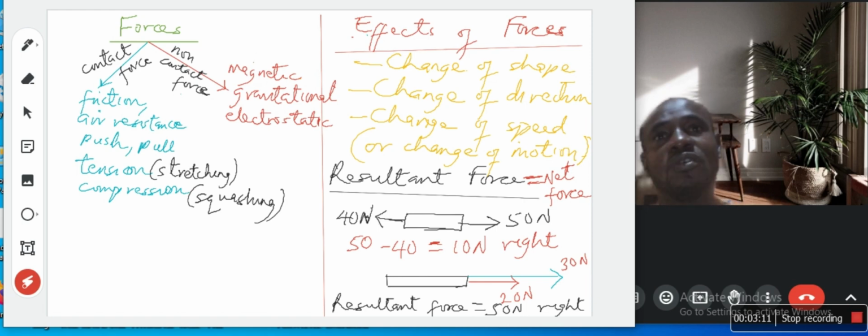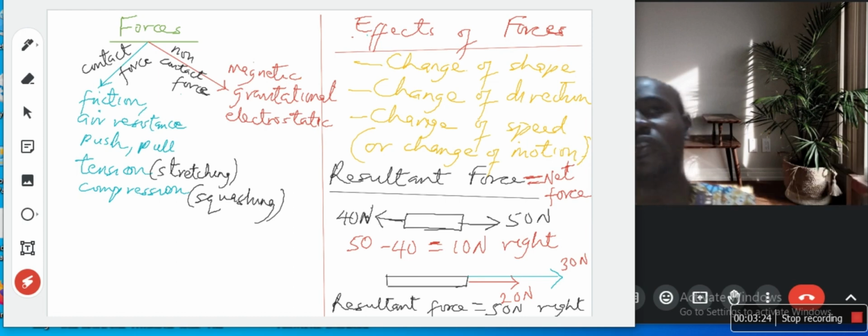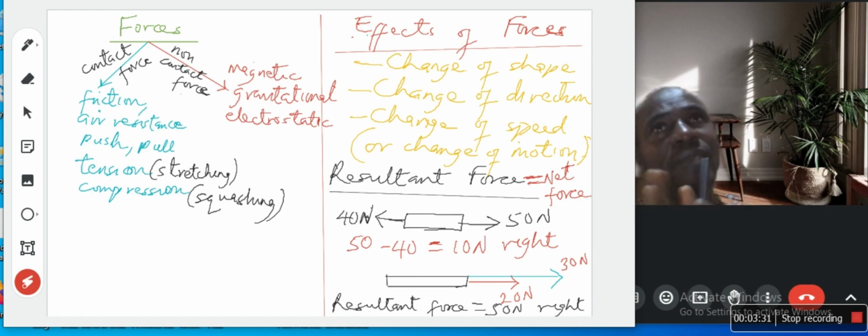For instance, gravitational force is the force that pulls an object to the center of the earth. Do you see the earth actually holding the object and dragging it down? But the force still acts. They are not really making contact. They don't have to make contact for the force to act.